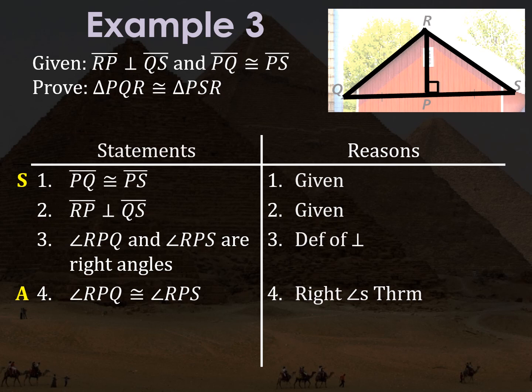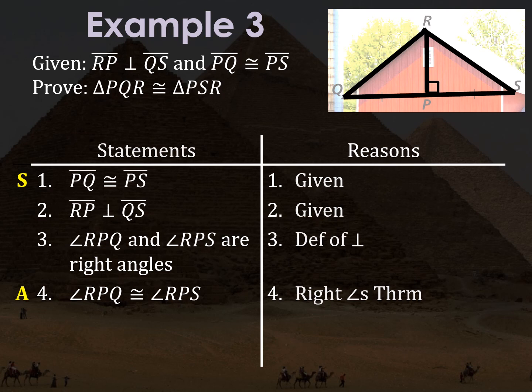So notice the logic that you need to follow. You have perpendicular segments. Perpendicular segments, by definition, create right angles. And then by this rule, right angles are congruent. So you can't just go straight from perpendicular to the congruent angles. You need to first establish perpendicular lines, create right angles, which means right angles are congruent.